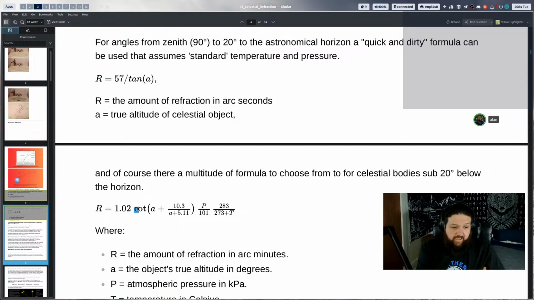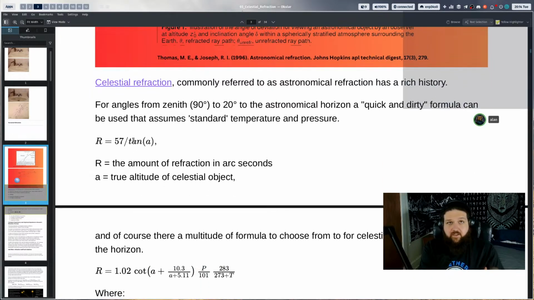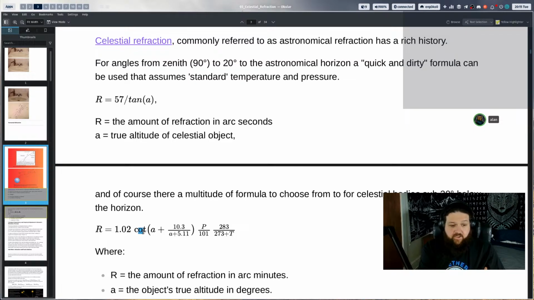Well, on the inverse, the cotangent would be like lifting up that triangle. So you could think of the tangent as: how much does this converge at the horizon? And then the cotangent would be: how much do I have to lift you at the horizon, based on your angle, so that you don't converge to zero?